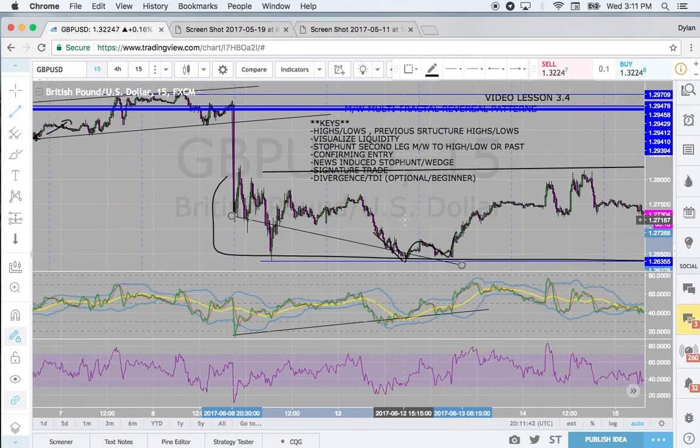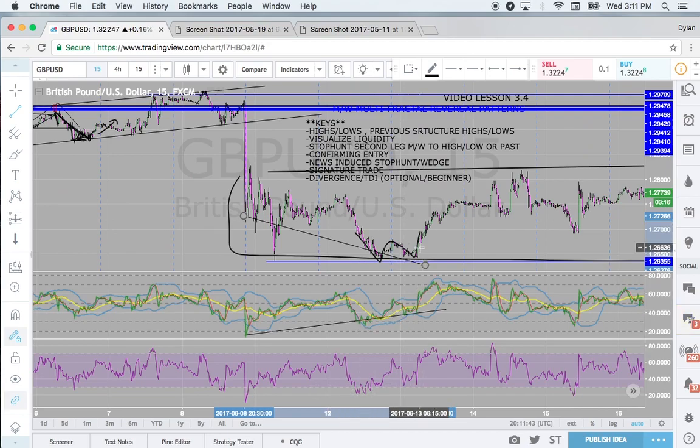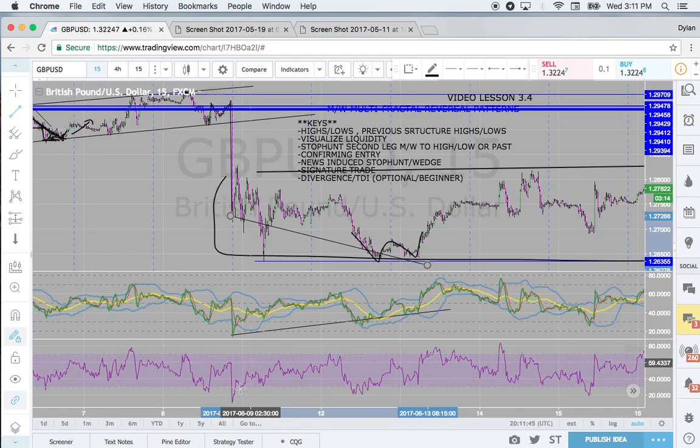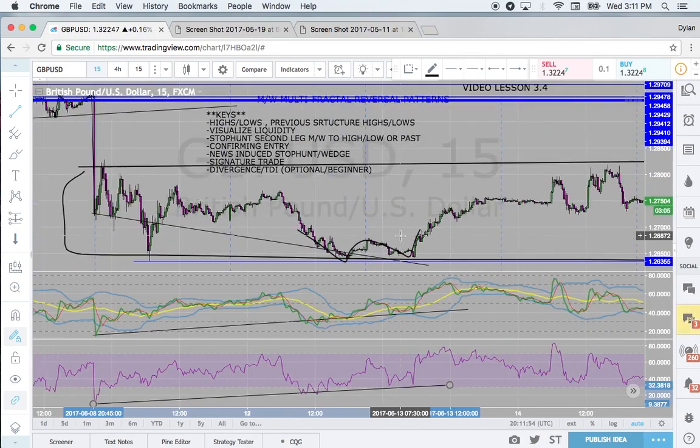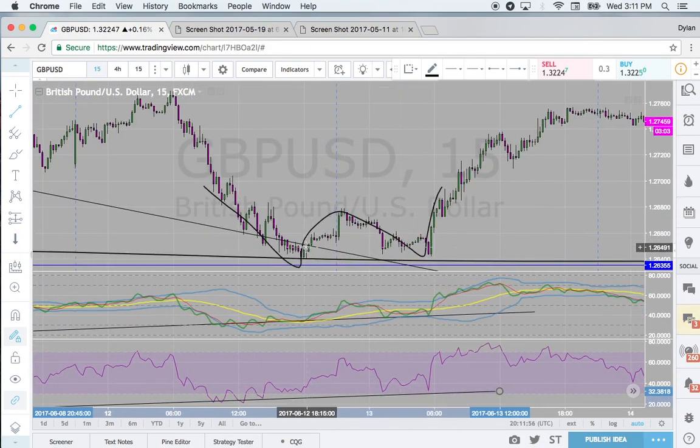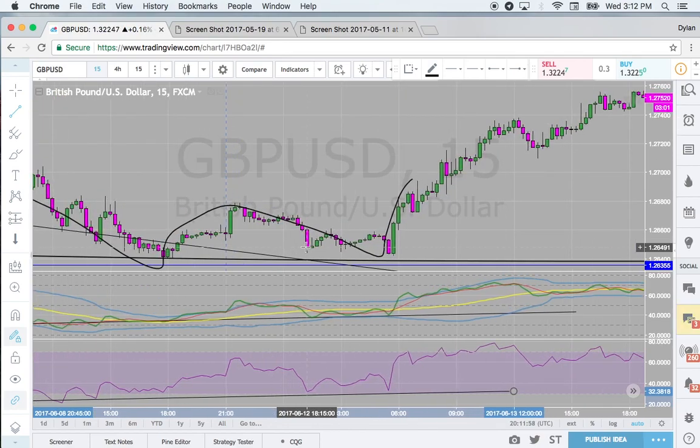This is what is known as divergence, when price is going one direction and the indicator is going another. And this helps us understand if the M or W is valid or not.